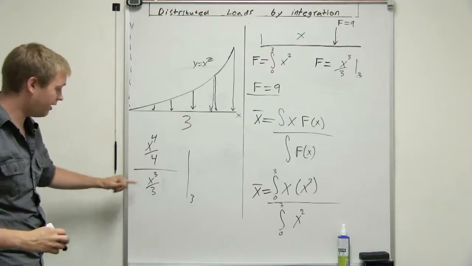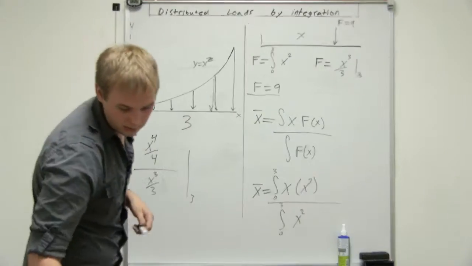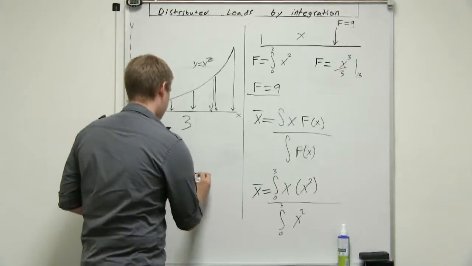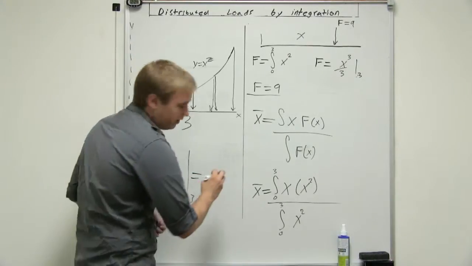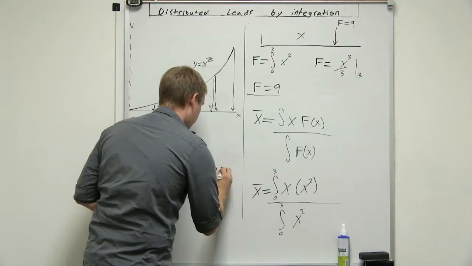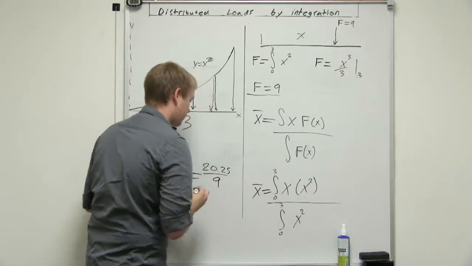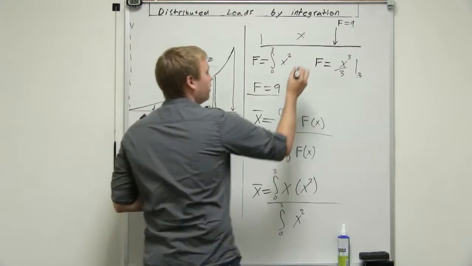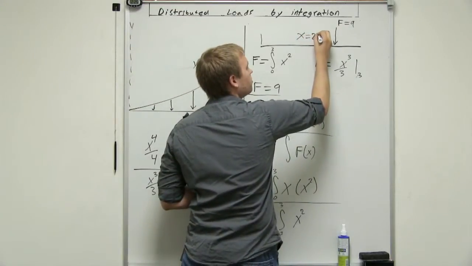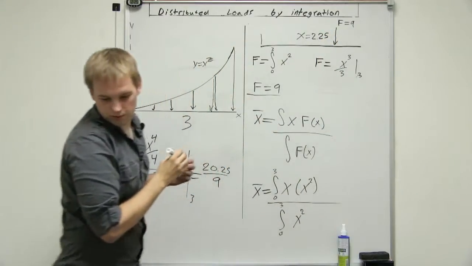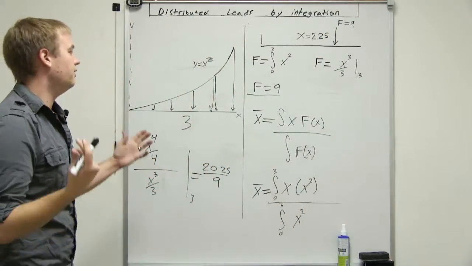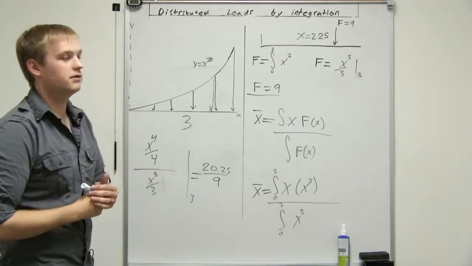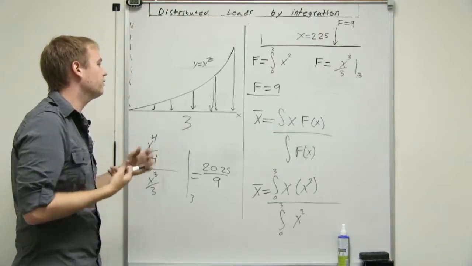So plug a 3 in for the x's, and we just go from there. So this should equal 20.25 over 9. So our x bar distance over here equals 2.25.